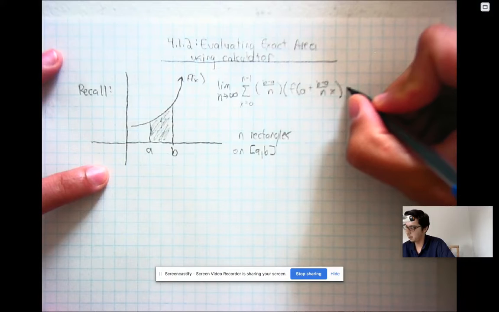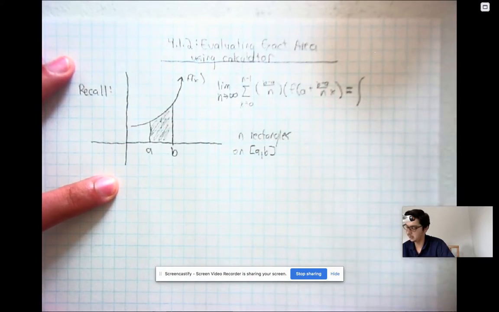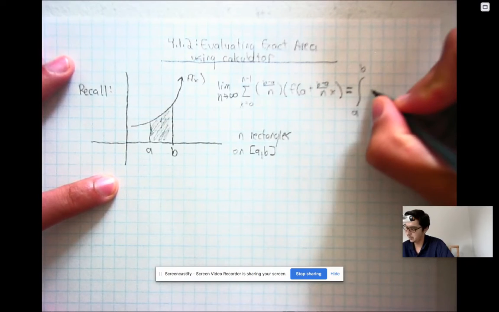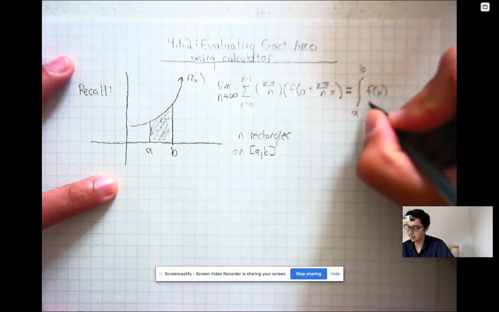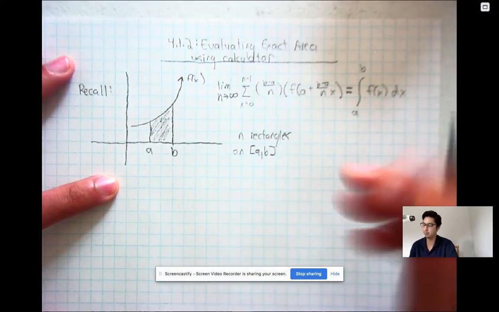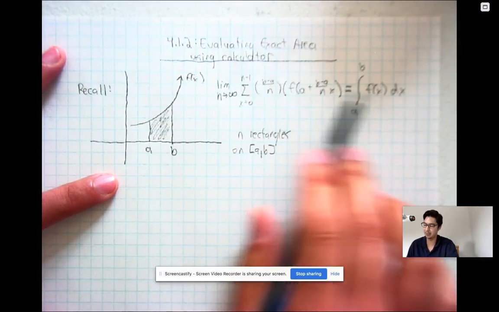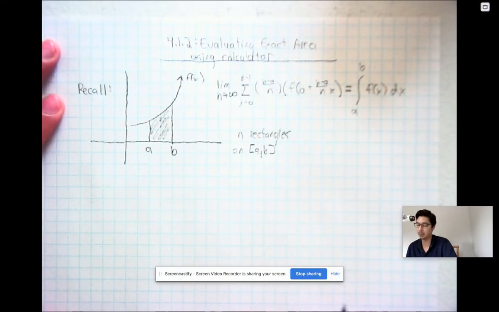What we learned last video is that this is equivalent to writing the integral from a to b of f of x, which represents the heights of the curve, dx, which represents the width. We talked about the integral representing the exact area and where it comes from with Riemann sums and limits.